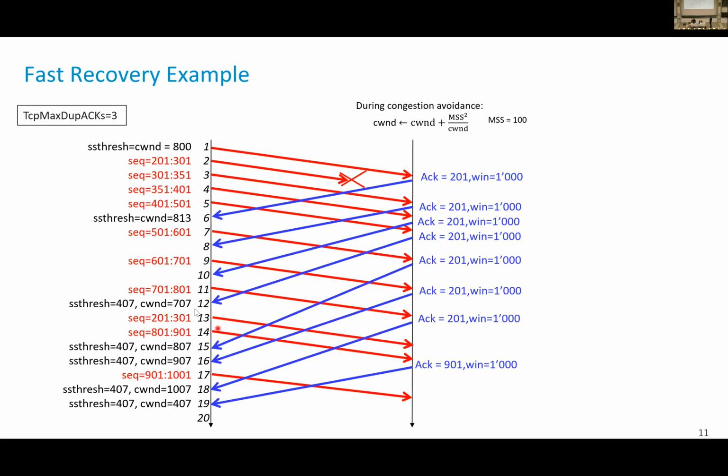And then this is the packet sent at time 13, the repairing of the loss here. This repairing is received and acknowledged at this time here. So at this time, this is the end of the fast recovery. And in the interim period, we see that the congestion window increases by 1 packet for every duplicate acknowledgement that is received here.